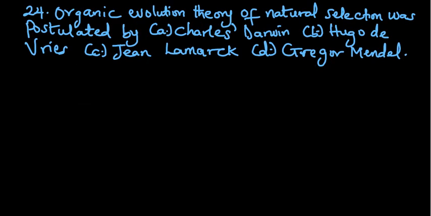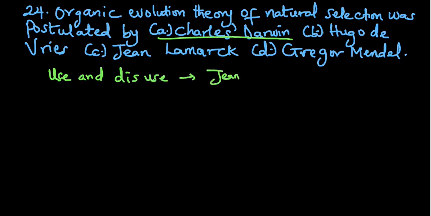So organic evolution theory of natural selection was postulated by Charles Darwin. But if they ask you which person postulated the theory of use and disuse, the theory of use and disuse was from Jean Lamarck.